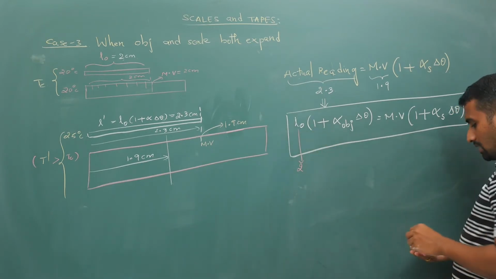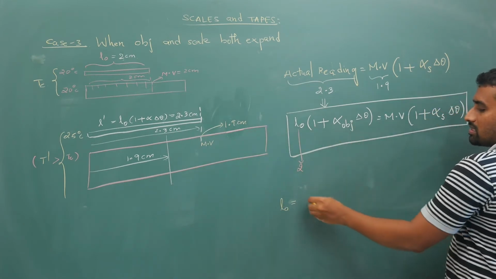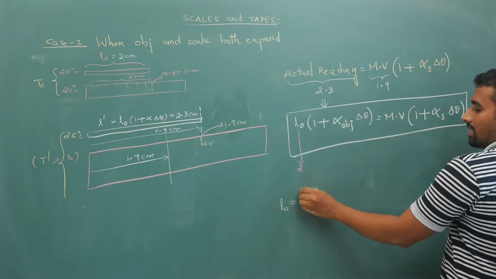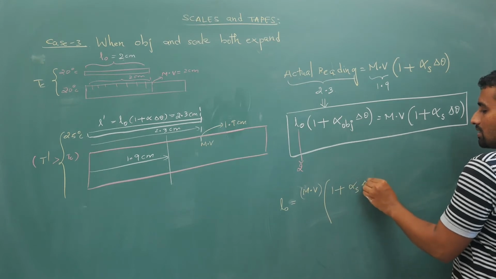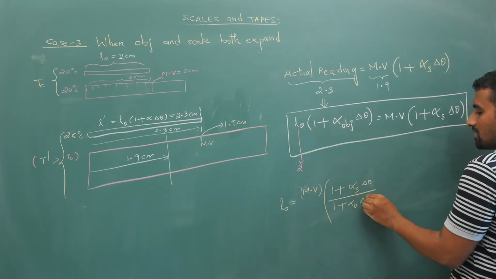Now in the question, what he could ask is, what is the correct length at correct calibration temperature, that means L naught. If L naught is asked, using binomial approximations you can send it to the other side and write measured value times 1 plus alpha of scale times delta theta by 1 plus alpha of object into delta theta.